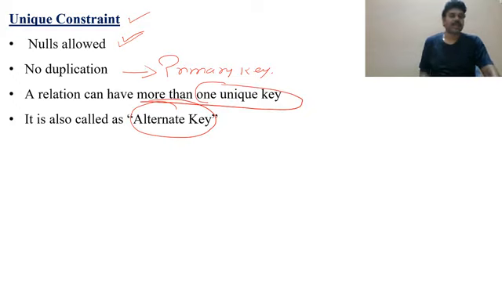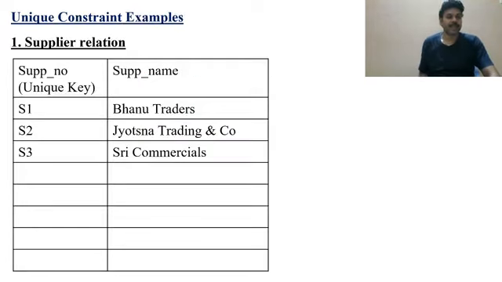Well friends, let us look at some examples on unique key. There is a supplier table. Supplier number is unique. When I am talking unique, friends, immediately you need to notice here, observe carefully, please: nulls are allowed, and duplicates are disallowed.